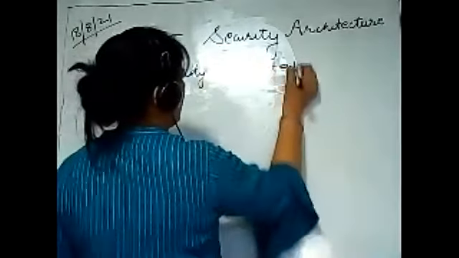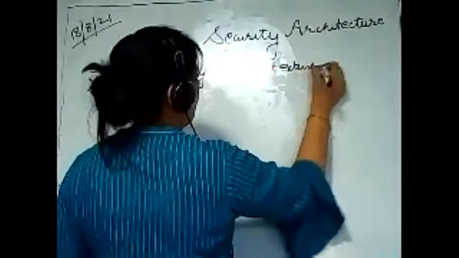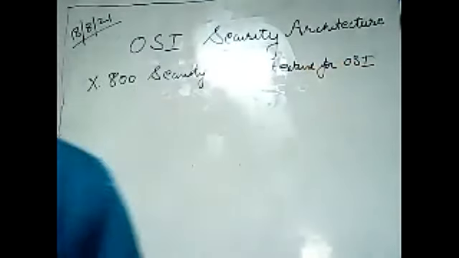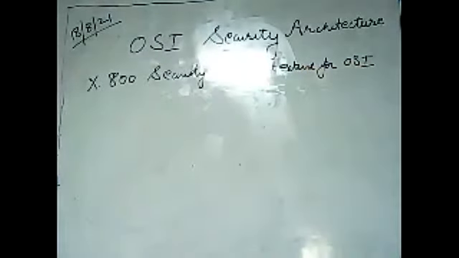OSI is Open System Interconnection. So we use this particular model, X.800 security architecture for OSI. This is what we need to discuss here, the OSI security architecture.